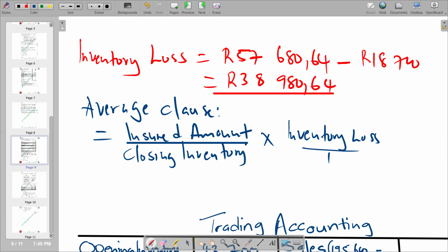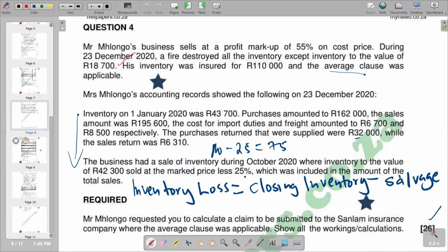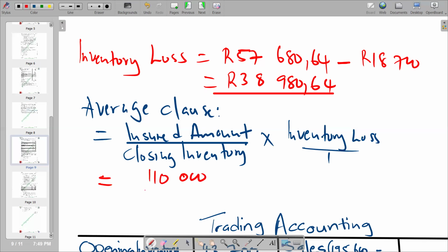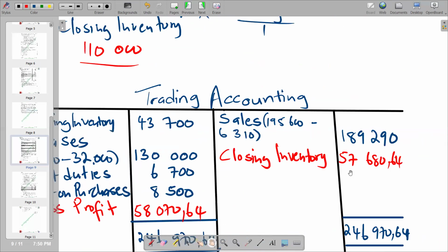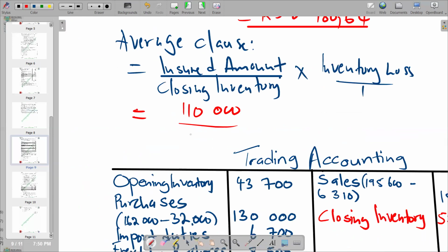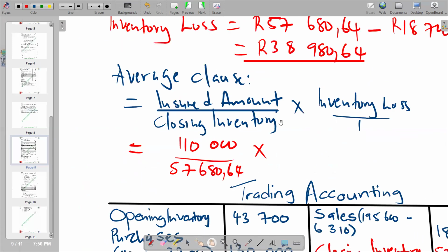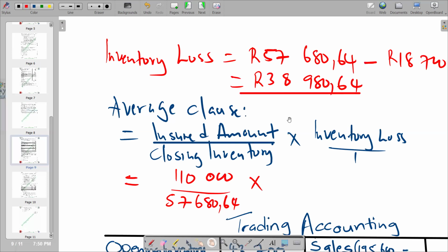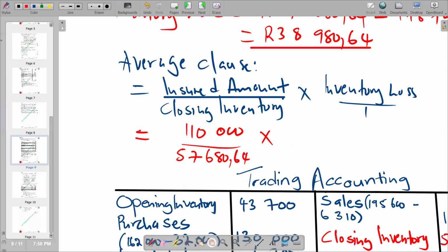So on our calculation, we already have all the figures. The insured amount is given in the question, which is 110,000. The inventory was insured for 110,000. So we have 110,000 over closing inventory, which we have here as 27,608 rands 64 cents. And then you multiply by the inventory loss, which we calculated as 38,980 rands 64 cents.